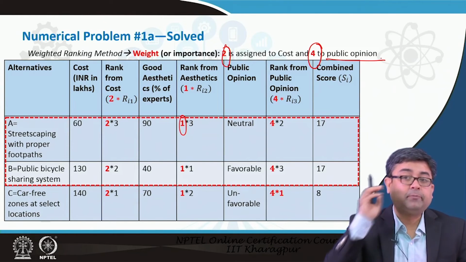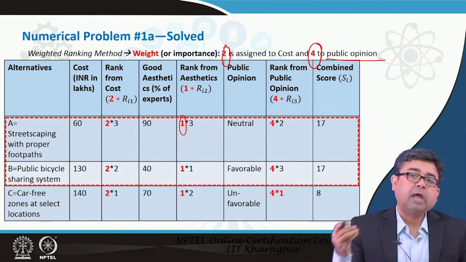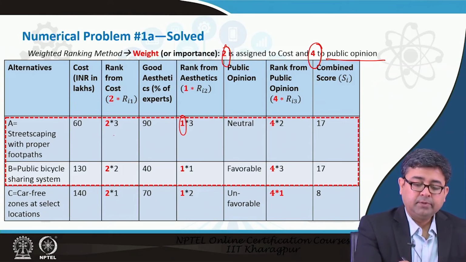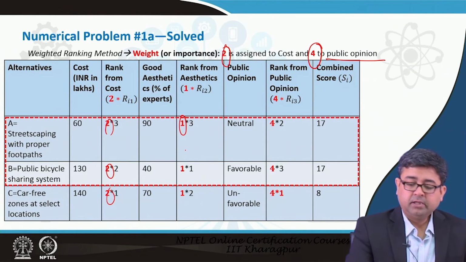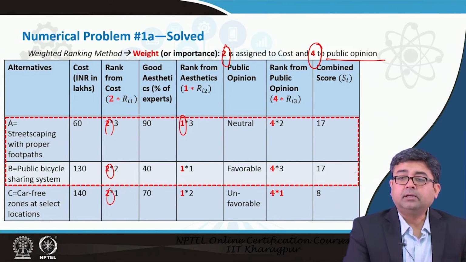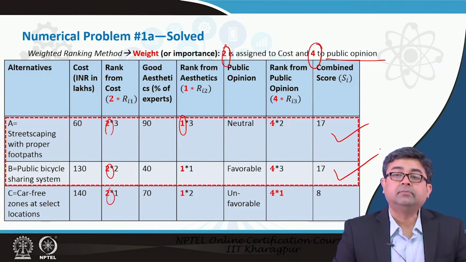If people in that neighborhood agree on which type of project they want, it is only that project that will get implemented. So, after you have ranked them, you multiply them by their individual weights, and then you add up all the numbers again. Now you suddenly see that not only is streetscaping a good alternative, but the public bicycle sharing system is also a good alternative.